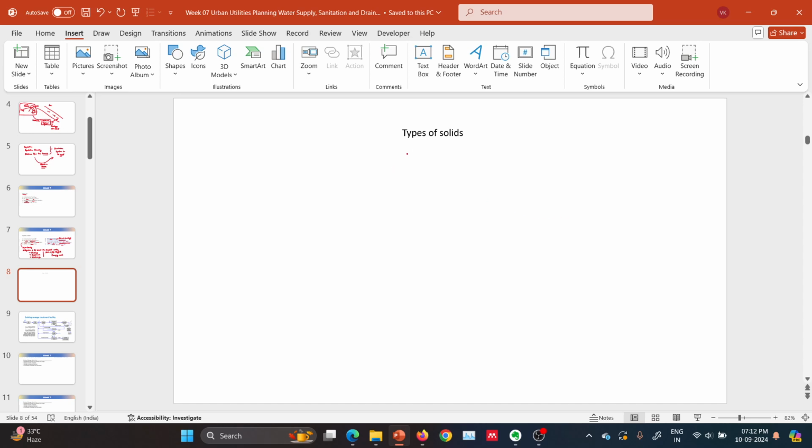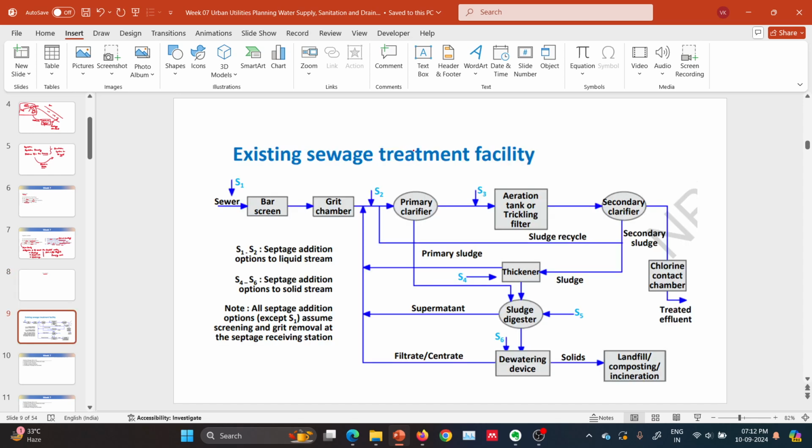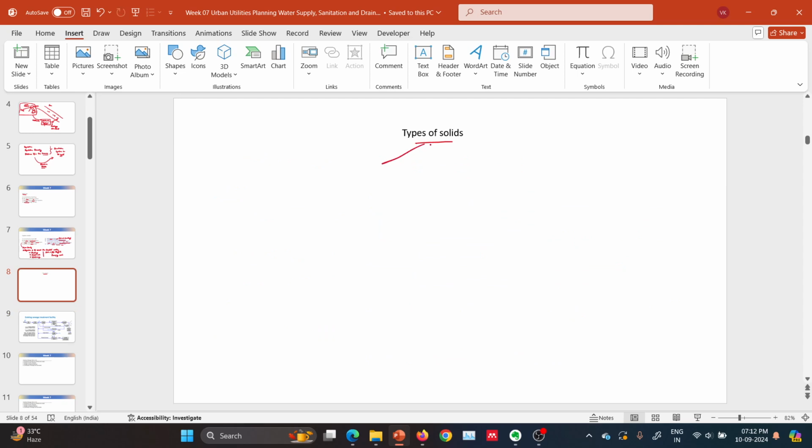Now we will understand the types of solids. After that, we will study the sewage treatment facility. So we have two types of solids in water.